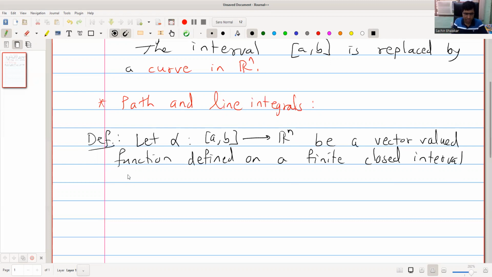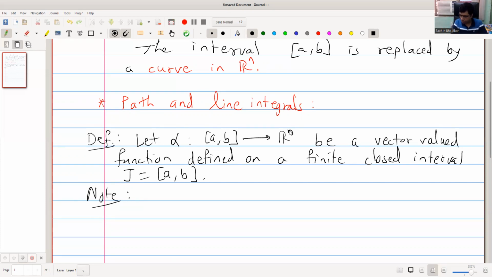We call it J. If we consider a point t in this closed interval, then we get the image of this t as alpha of t in Rn. So as t moves in this interval, it traces out a curve in Rn.